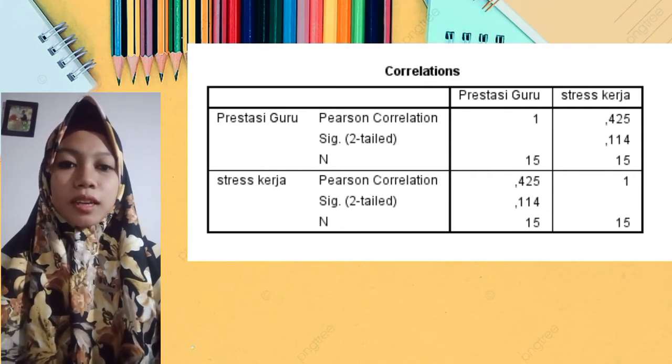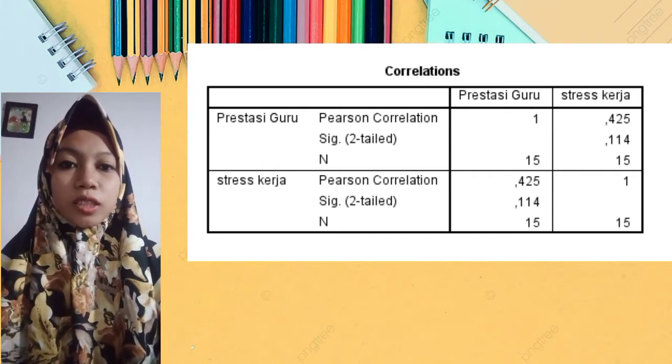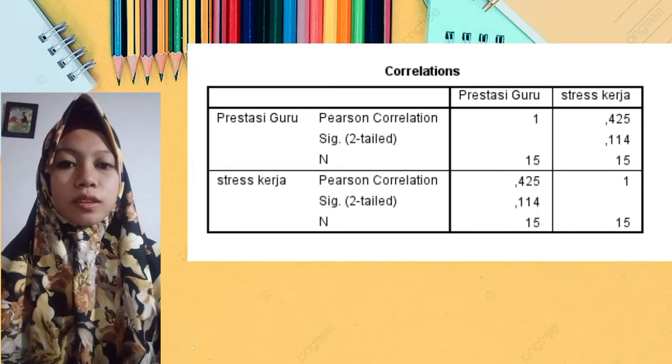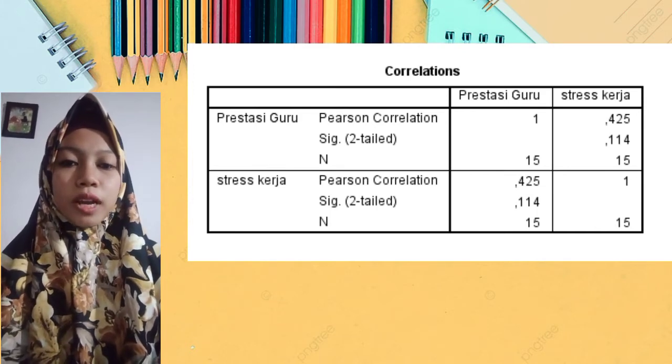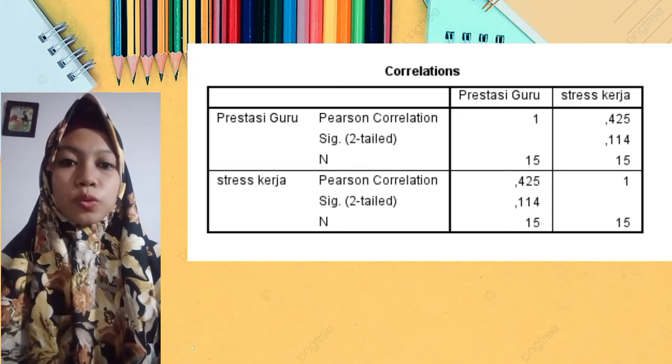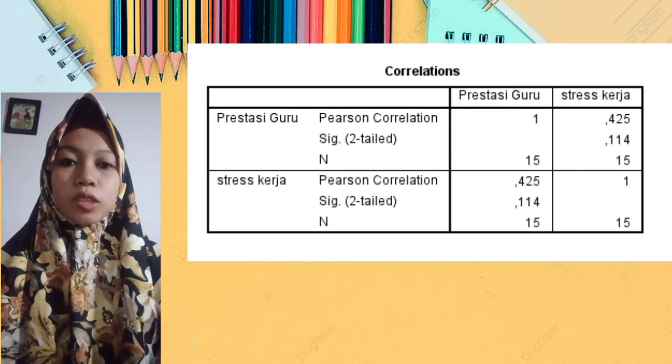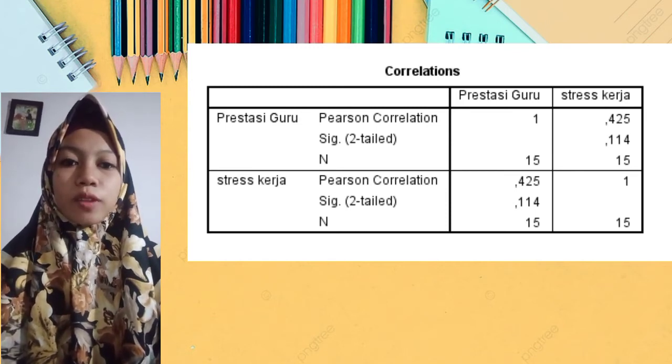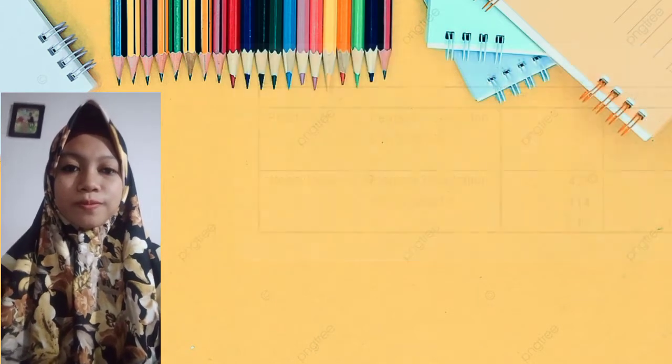It means that if the significance is greater than 0,05, there is no significant relationship between X variable or stress kerja and Y variable or prestasi guru.